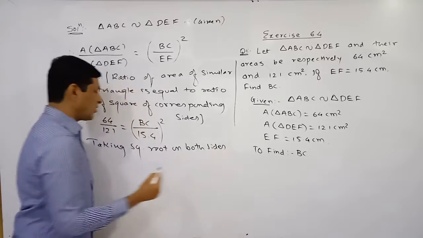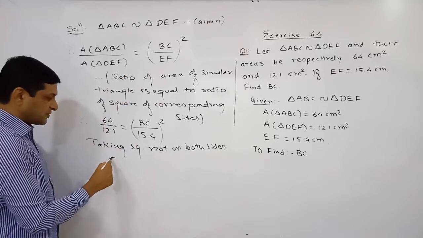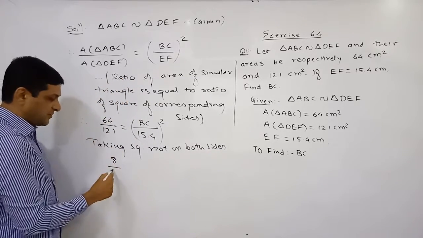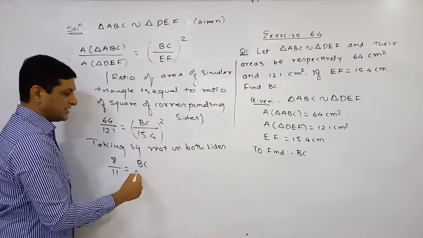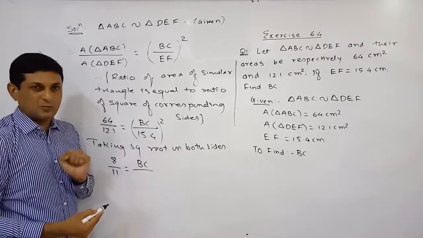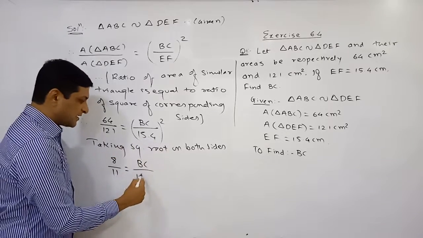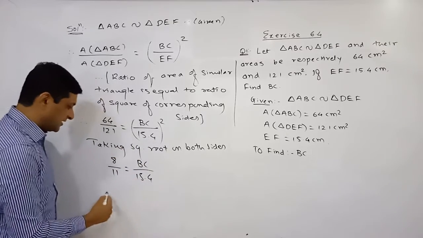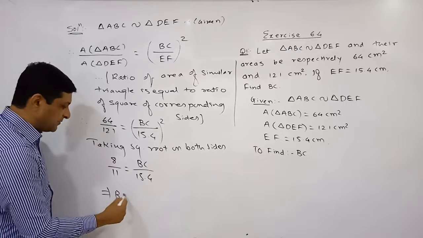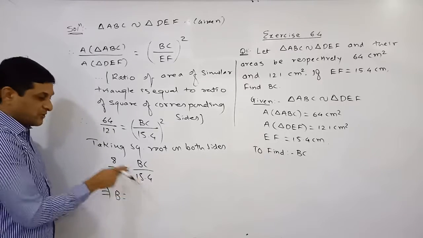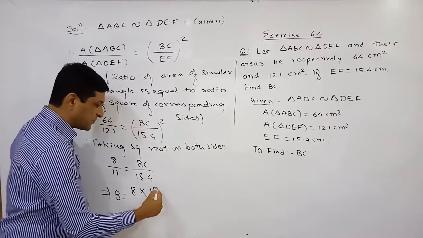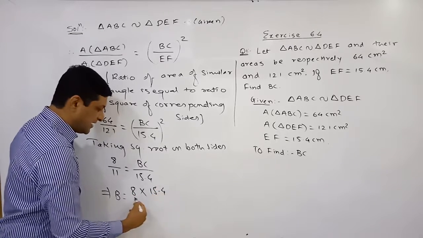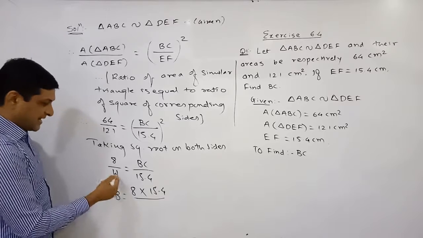Square root of 64 is 8, square root of 121 is 11, and on this side the square will get eliminated if we are taking square root on both sides. In the denominator 15.4, keep it as it is. This implies that BC will be equal to, this 15.4 will get multiplied on this side. So on this side we get 8 into 15.4 divided by 11.